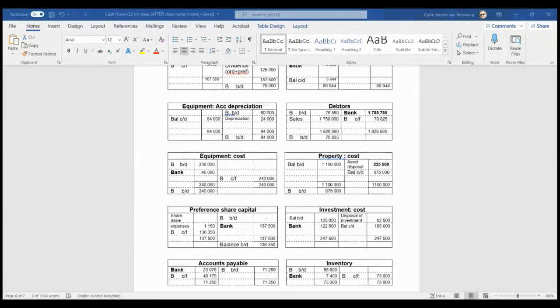We would have credited sales, which means we would have accrued the amount owing to us by our customers, in other words, our debtors. So we would have credited sales, we would have debited debtors.